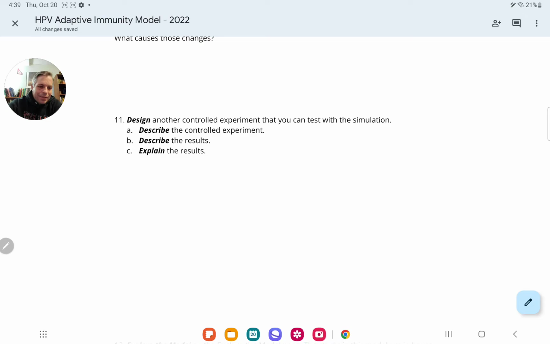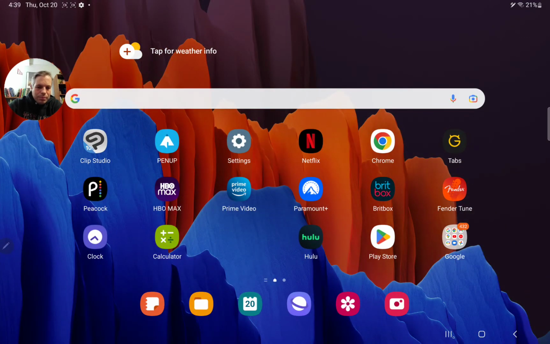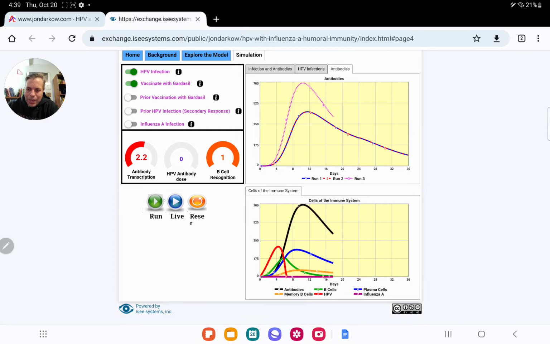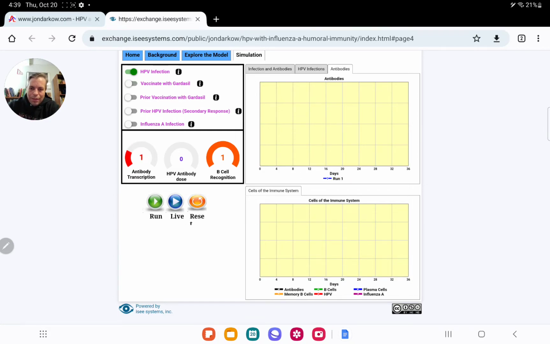All right, then what we have is I have students design other experiments that they can test. And in the simulation, there are a number of different factors they can manipulate. So they can manipulate antibody transcription. They can manipulate, well, what happens if we reduce B cell recognition, which I like, because this shows why people respond differently to diseases.